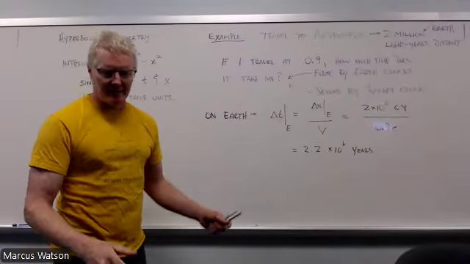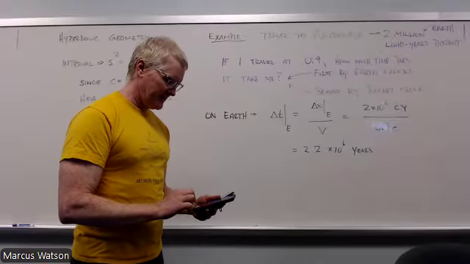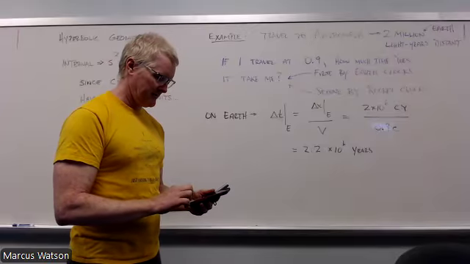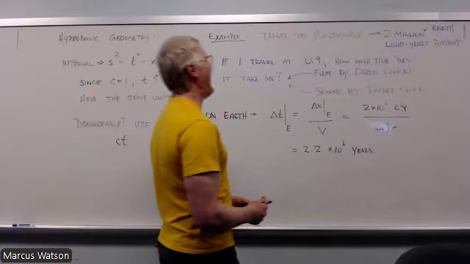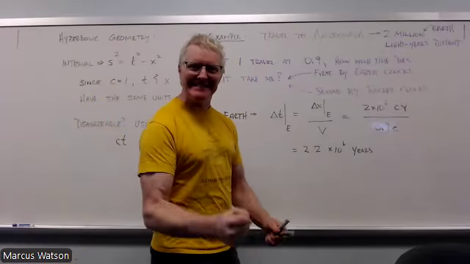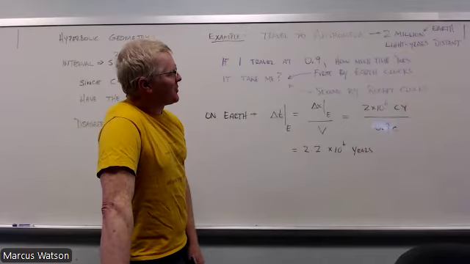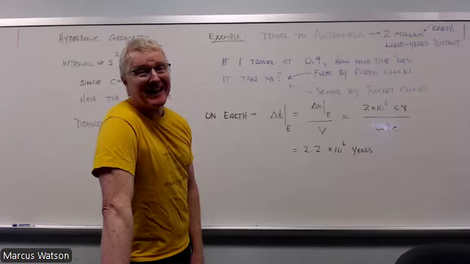All right. Okay, I'll find out what it is. Sheesh, you people drive a hard bargain. Yeah, 2.2. Why do I second guess myself? All right, 2.2 times 10 to the 6. So that's how many years would elapse here on Earth by the time I get to Andromeda.